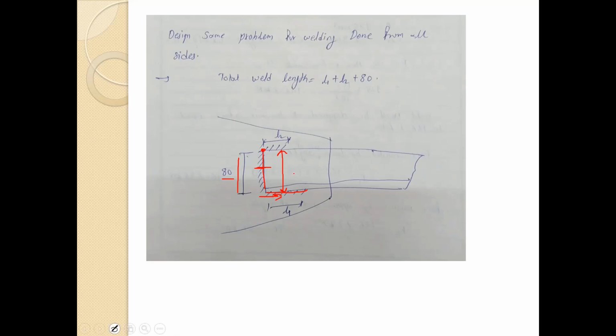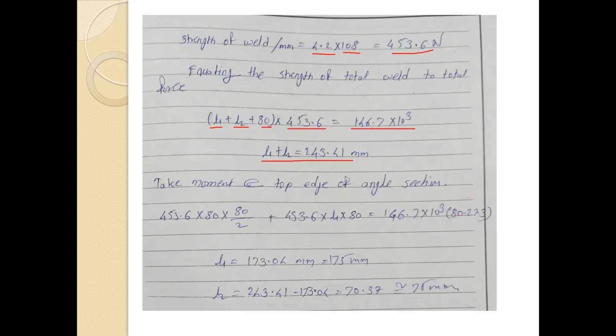This equals 146.7, which is the force coming through this particular member, which is somewhere over here in the CG of this member, and we know this Cxx distance. So that is 80 minus 27.3.